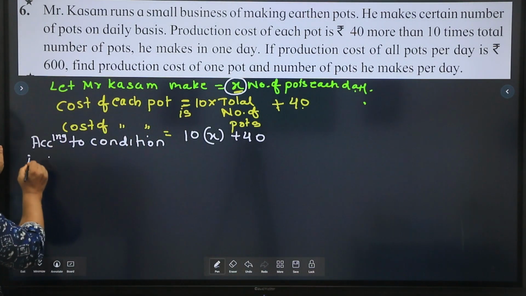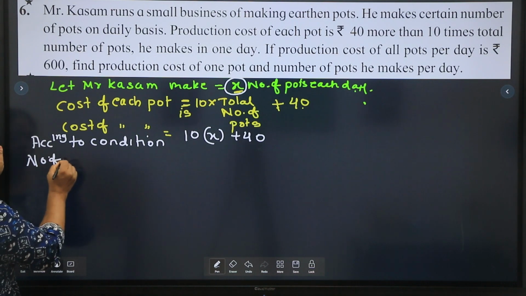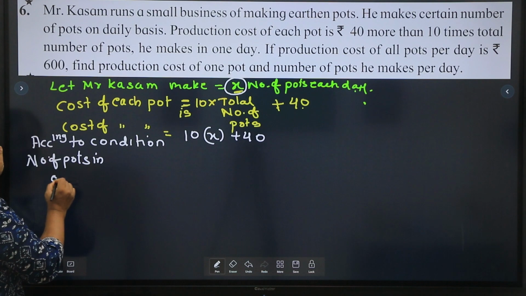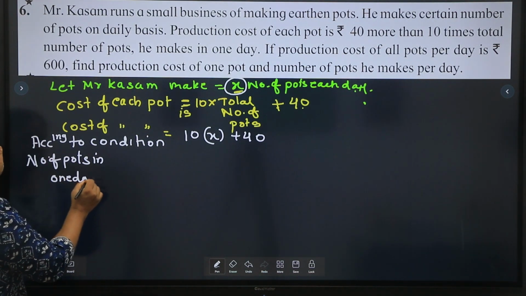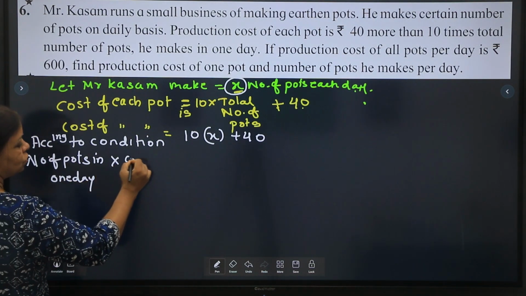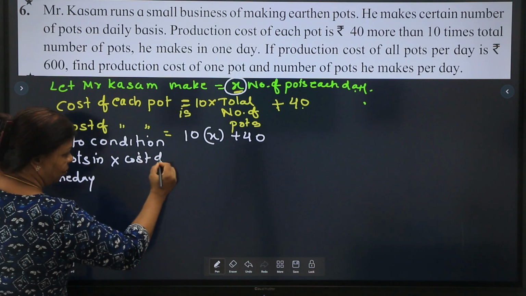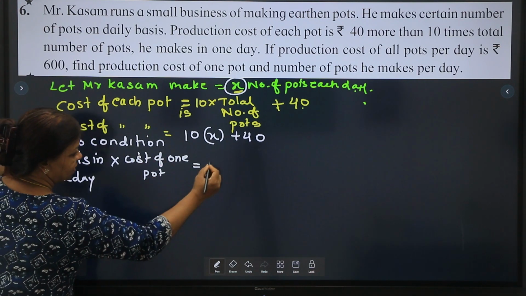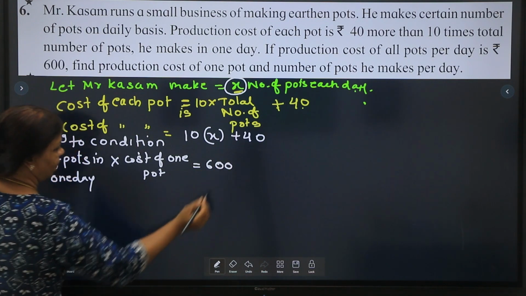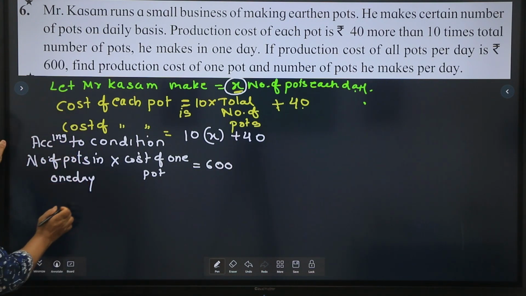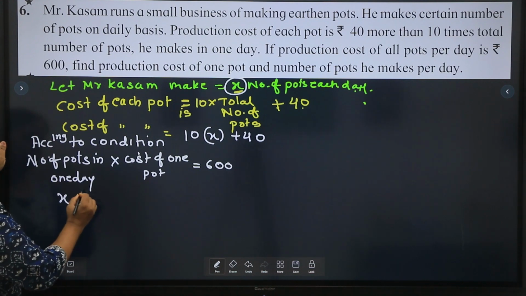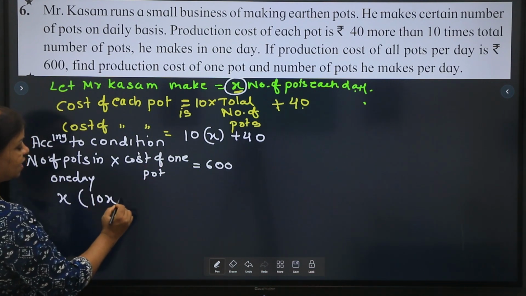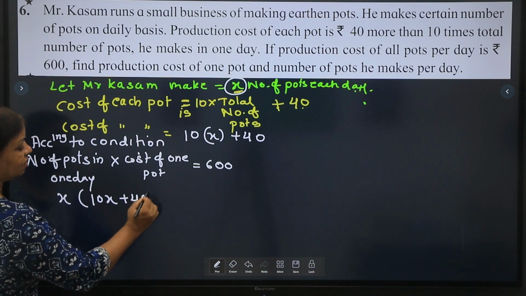So number of pots in one day into cost of one pot is equal to 600.